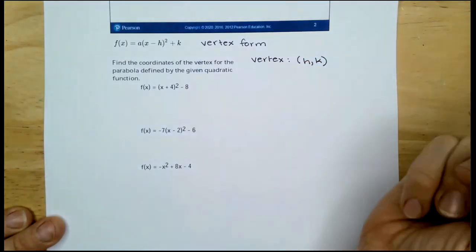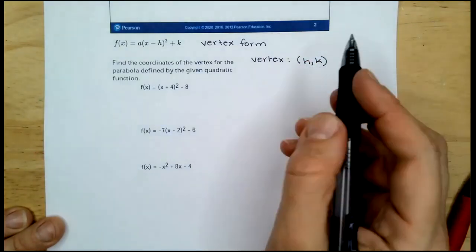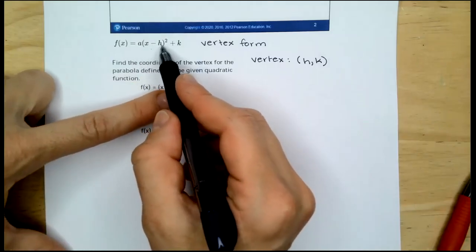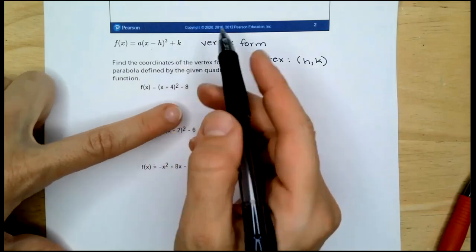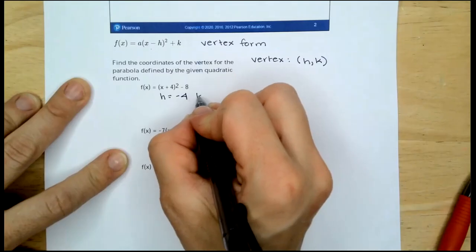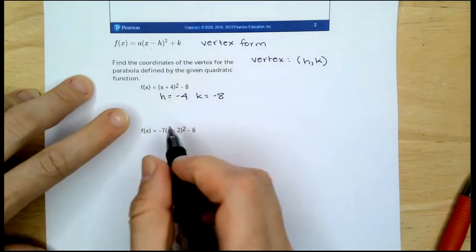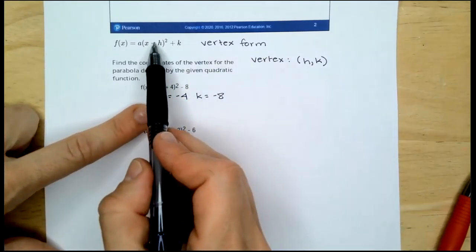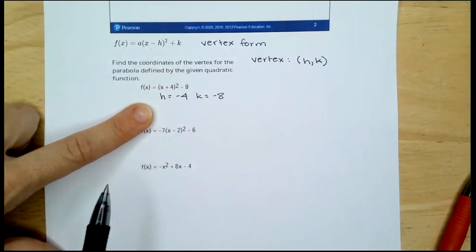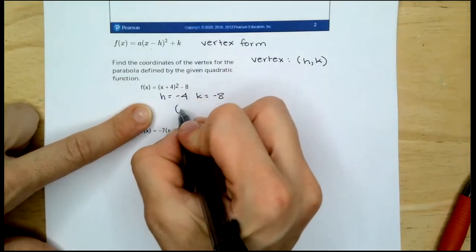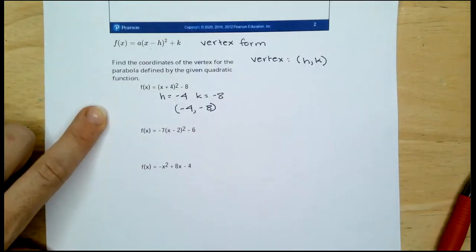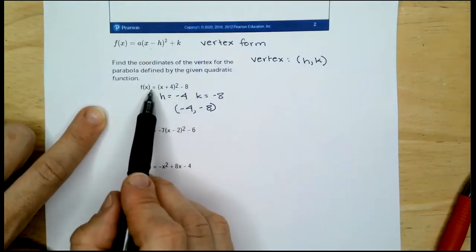I don't know if you've studied the equation of a circle, but the vertex of a circle is also h, k. So here, a times x minus h squared plus k means that h is negative 4, k is negative 8, because negative h is a positive 4, right? Negative 4, negative 8 is your vertex for this parabola.